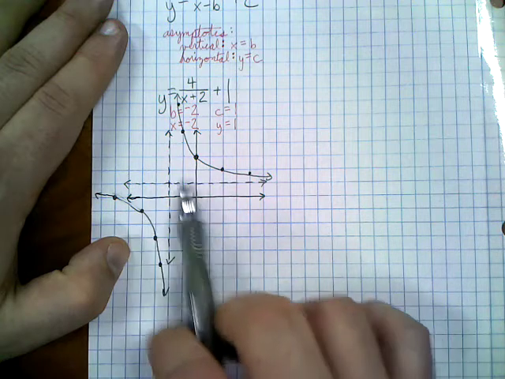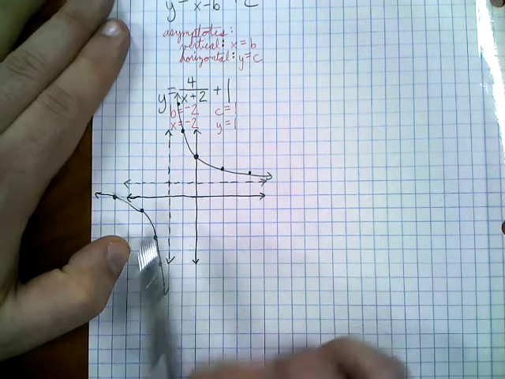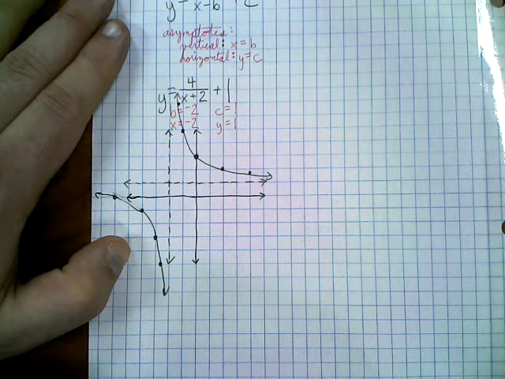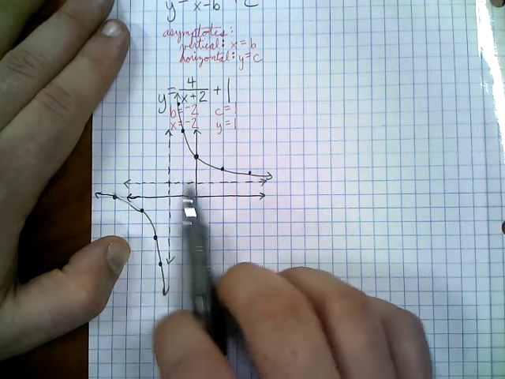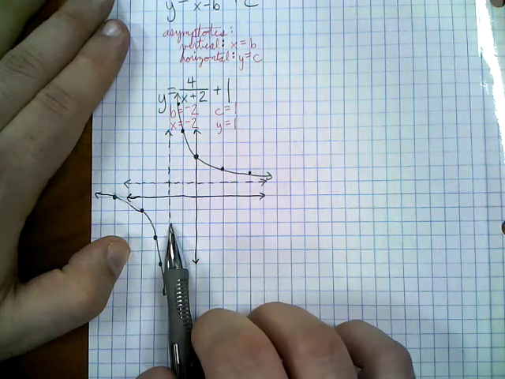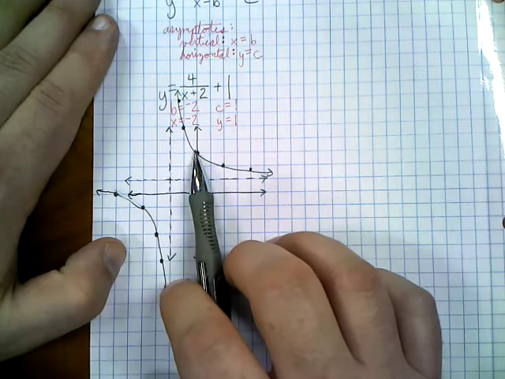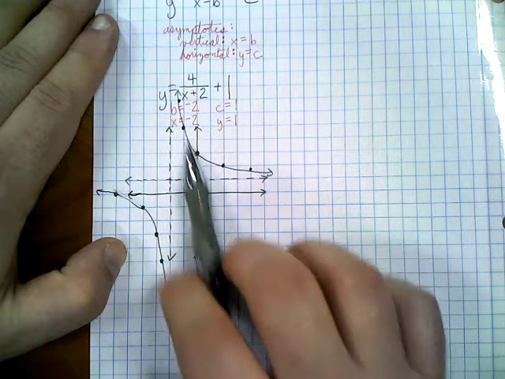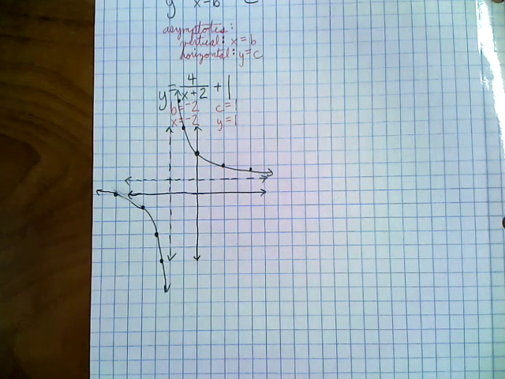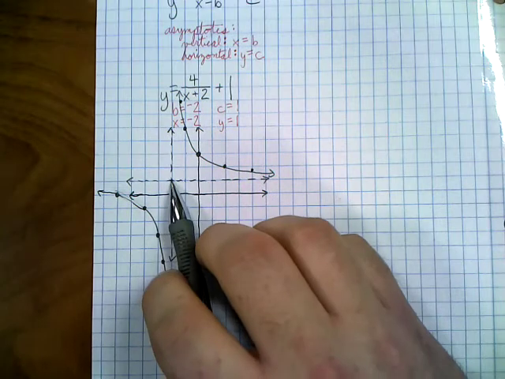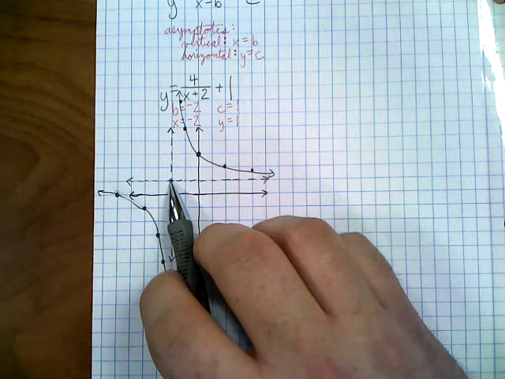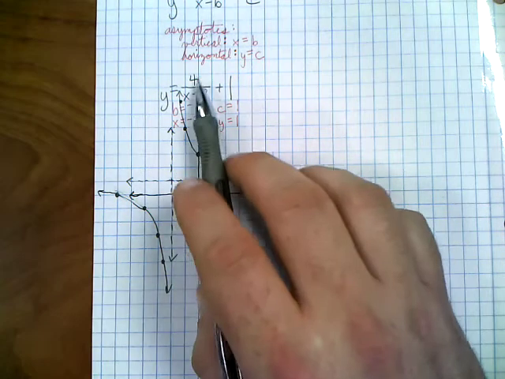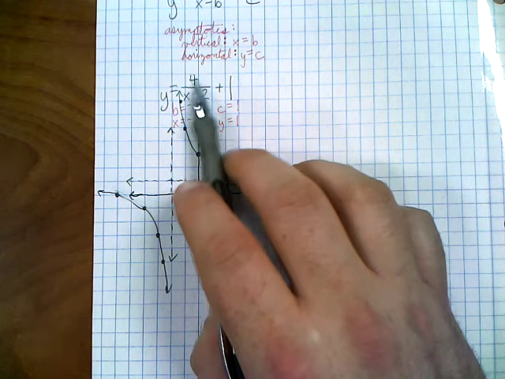Now remember, the asymptotes are not actually part of the graph. These are just lines that our graph is going to approach but not cross. So we don't do these with solid lines, we do them with dashed lines. From here, we can just find values that work. So again, you could make a table of values, or you can treat this as if this is our new intersection. Pretend. It's not really, but pretend that's your new origin. So this time your k would be 4.